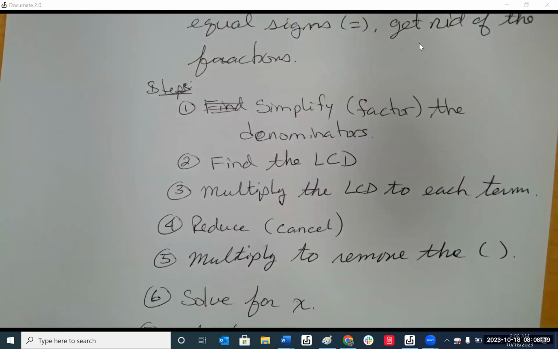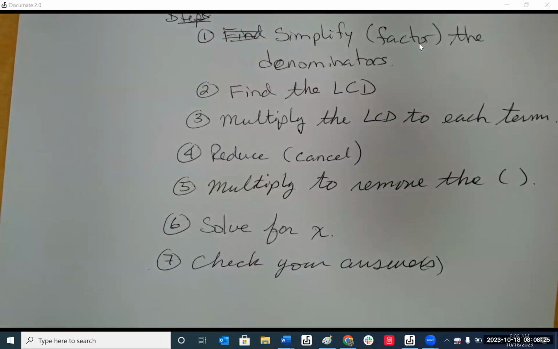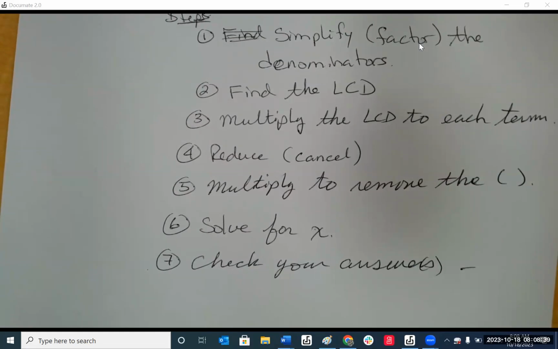And check your answers. And from here on out, it's going to be very important to check our answers, because we're going to find out that some of the denominators may work, some of them may not. So we definitely always have to check it from now on out.